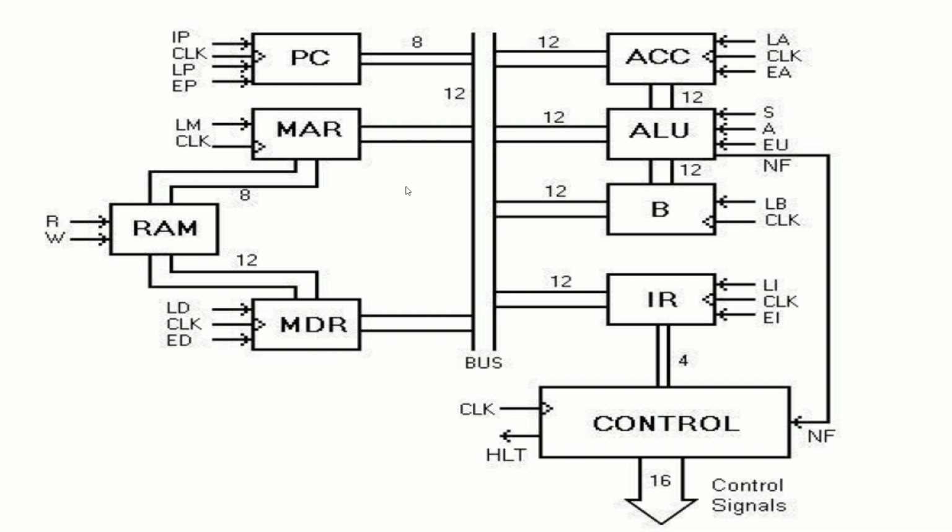Okay, so this is my memory section, this is my program counter section. Why does the MDR have both load and enable signals? Because the MDR can either store data from the bus into itself, or it can transfer data from the MDR to the bus. That is why it has both load and enable signals.